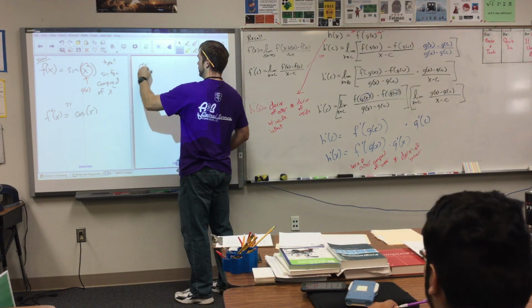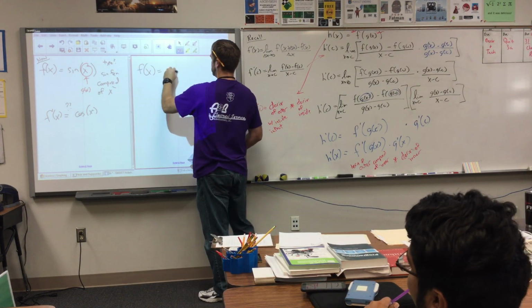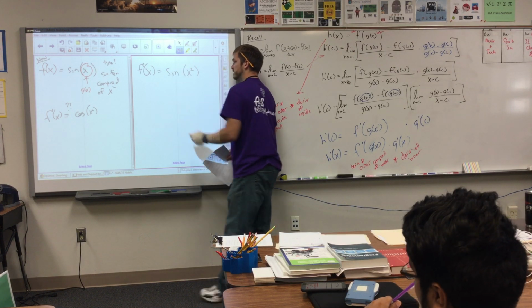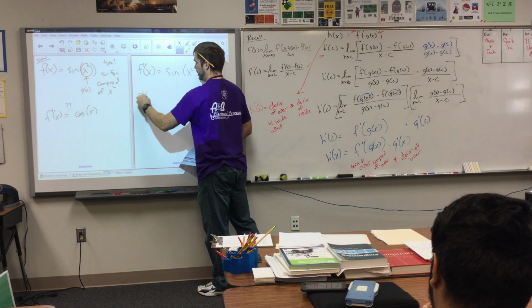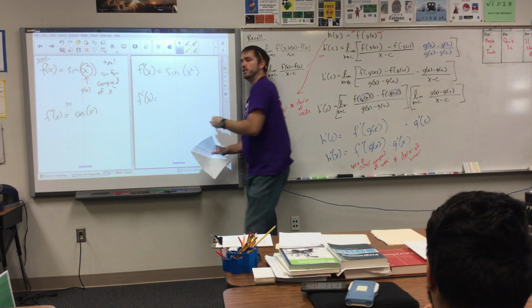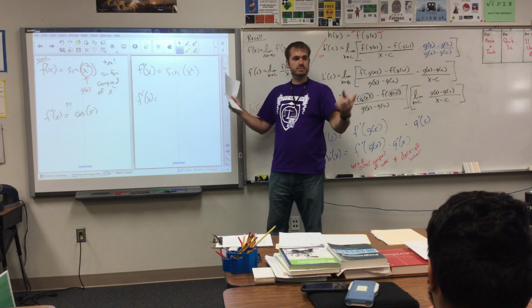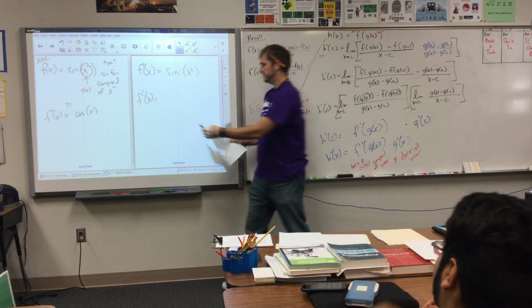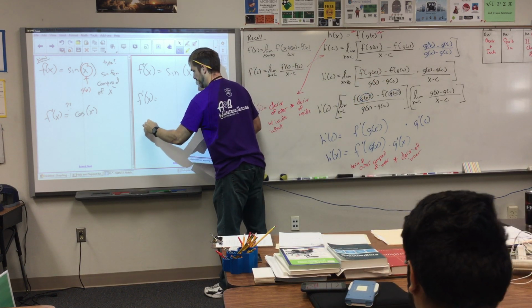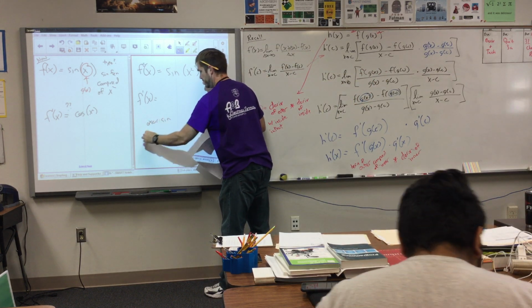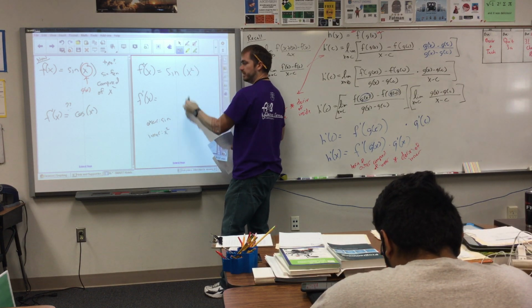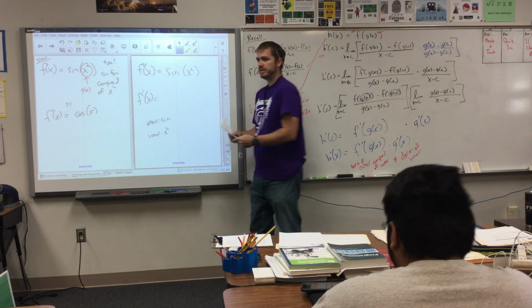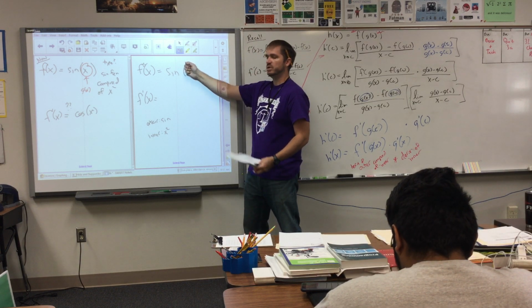So f of x equals sine of x squared. F prime is going to equal the derivative of the outer. The outer is sine, the inner is x squared. So just think of this as sine of blah.